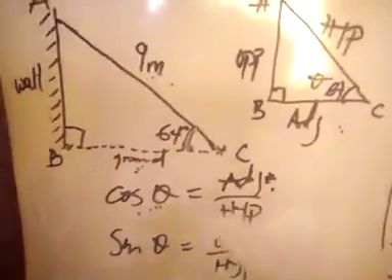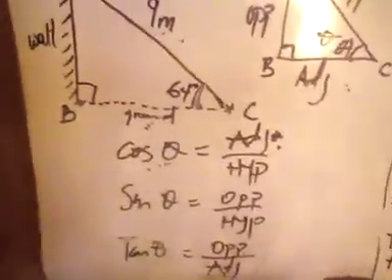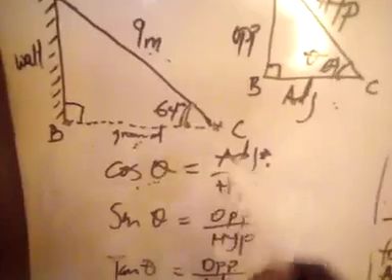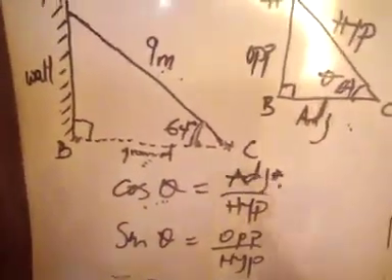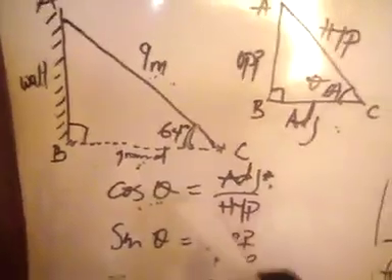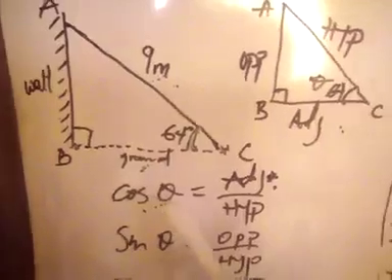You can see that we can find adjacent here, and also in tan. But since we have the unknown adjacent and the known hypotenuse, and we have theta, which is 64, then we can make use of the cos theta ratio.